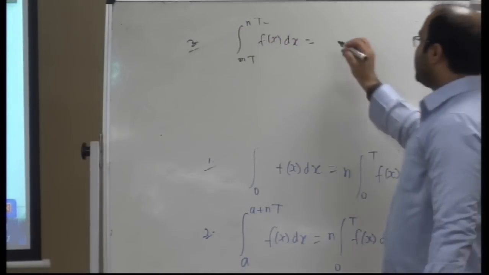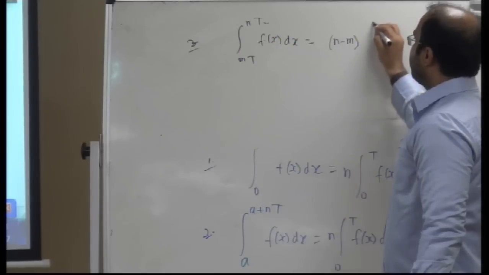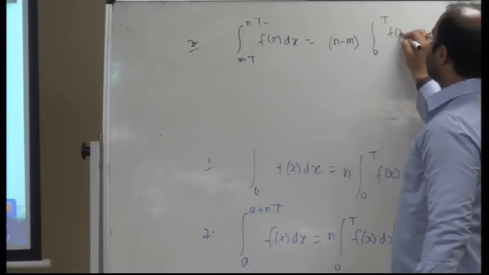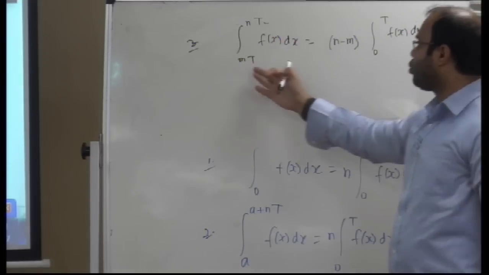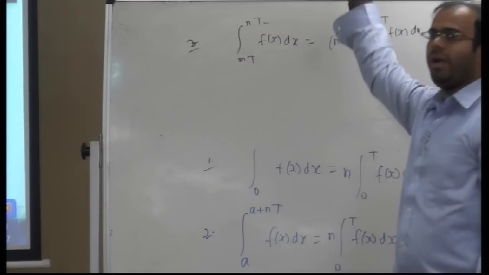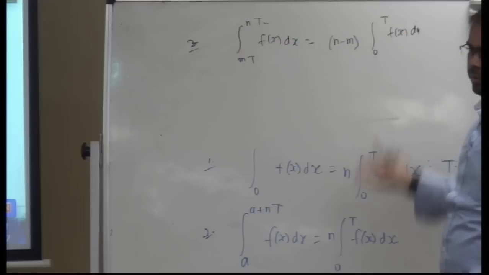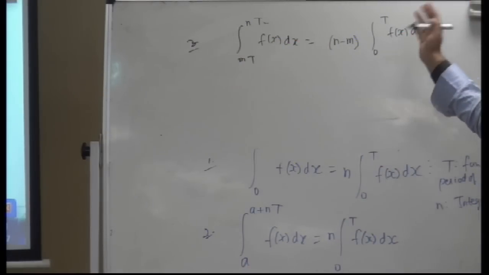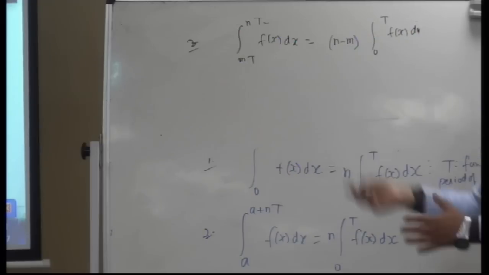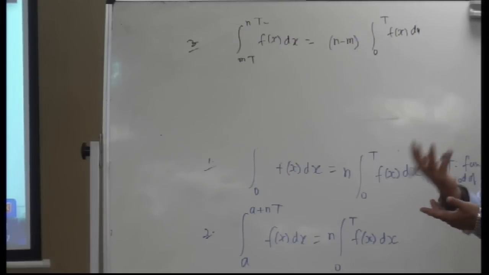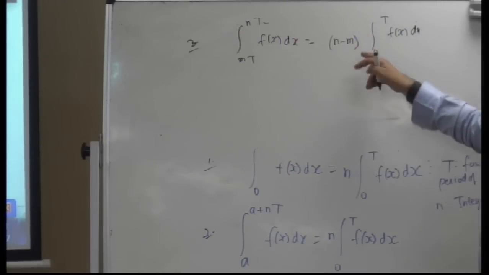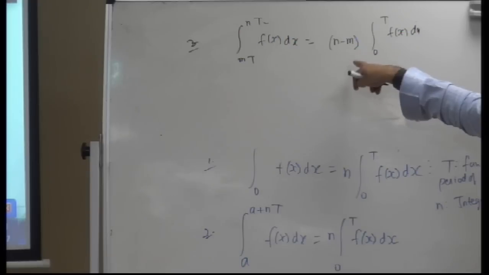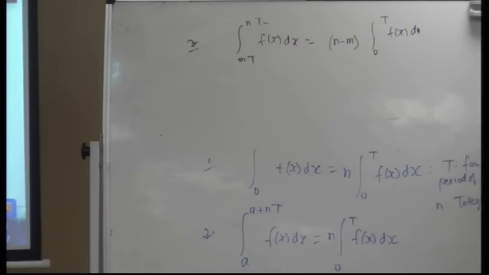So can we say that this is (n minus m) times the integral from 0 to T of f(x) dx? If this is mT to 0 and 0 to nT, then eventually this would be this. Say 2 pi to 5 pi, that is basically 2 pi to 5 pi. There are 3 intervals. So you can say that 5 minus 2, that is 3, times the integral over the rest, 0 to pi.